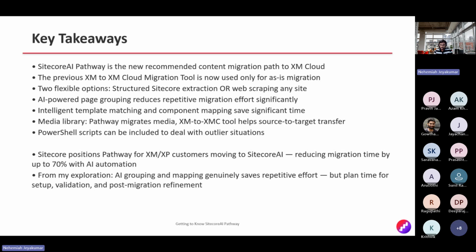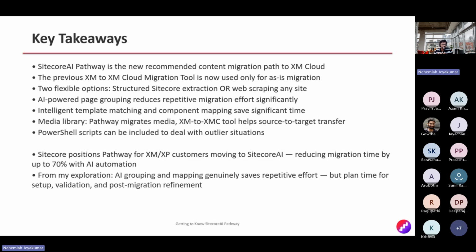Sitecore positions the pathway as a way of moving customers from XM and XP to Sitecore AI. They claim that it reduces the migration effort by 70% through this automation. From my own experience, yes, it is really helpful for the grouping and also saves some repetitive work.